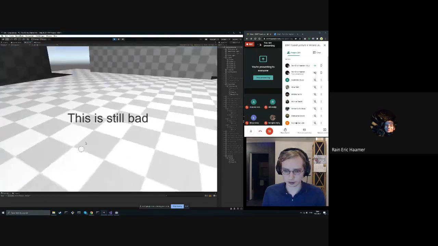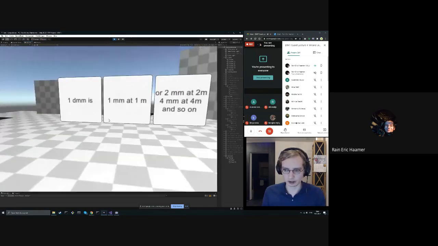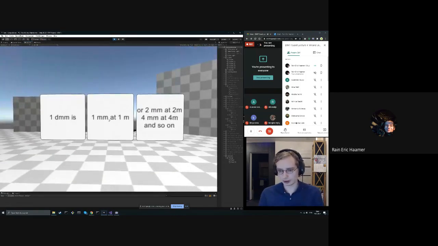So let's move on to sizes. There's this thing about designing user interfaces in the virtual environment itself, and that is, you're no longer limited by size.